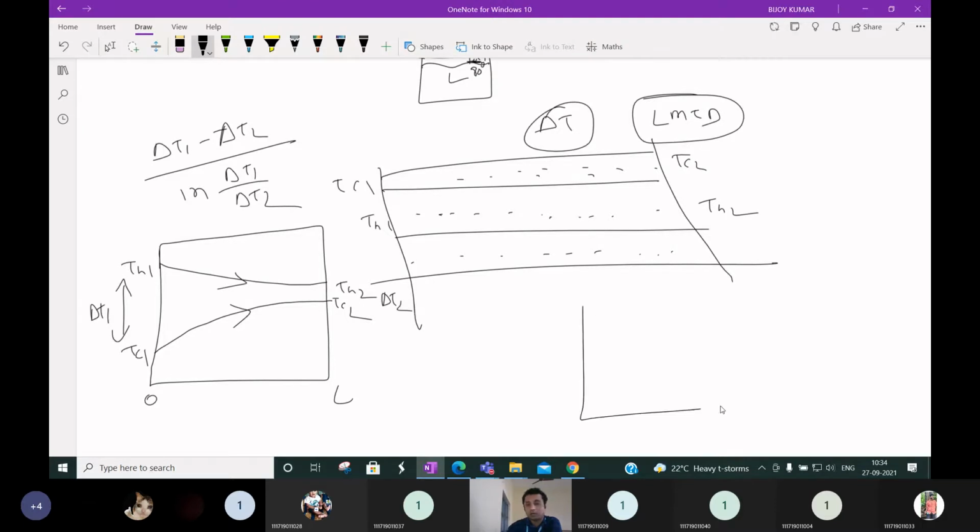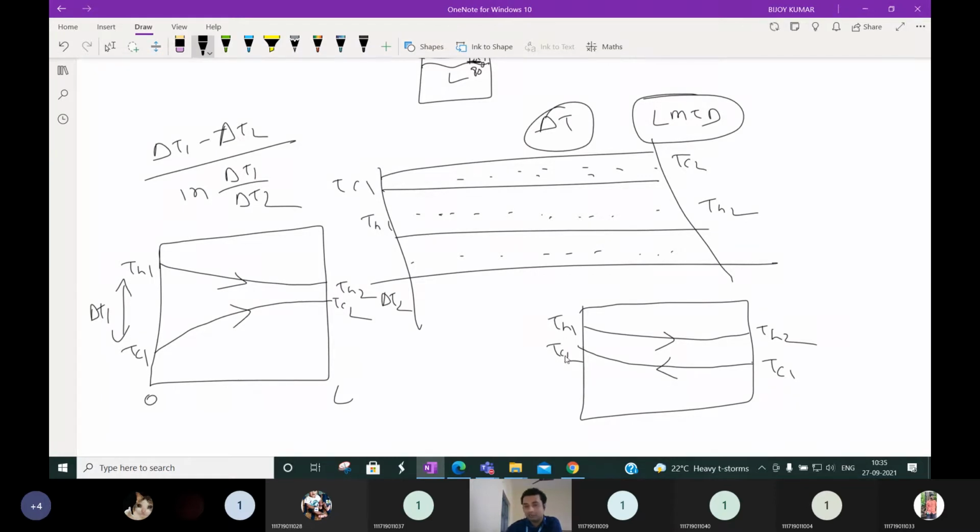In counter flow, suppose this is the hot fluid direction, and the cold fluid direction is opposite. Suppose TC1 is the entrance from here. Then at the other end, the cold fluid temperature TC2 will have increased, so TC2 will be higher than TC1, and the direction is opposite.